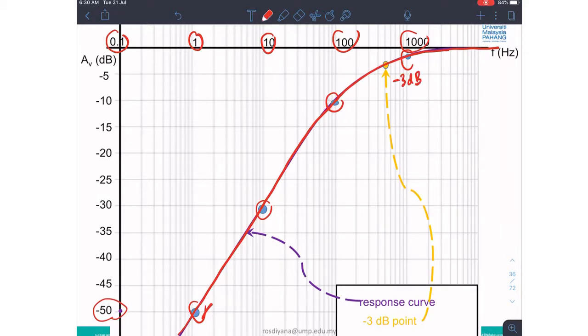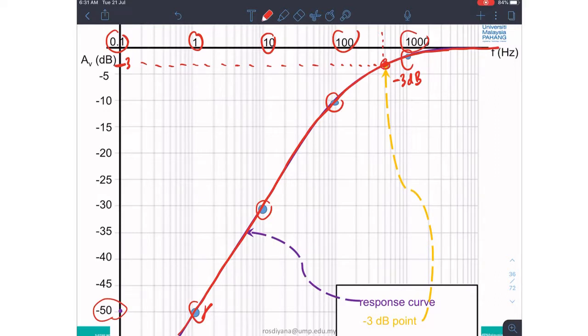After that, don't forget to label the negative 3 dB point. At this point, I measure negative 3 somewhere here. So I get this point. Here is negative 3 dB. Why is the 3 dB so important? This is because the low cut-off frequency happens here.